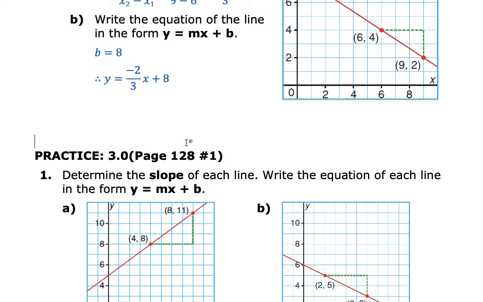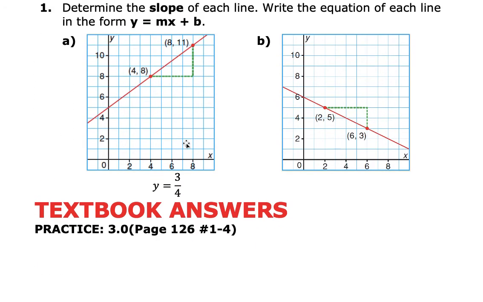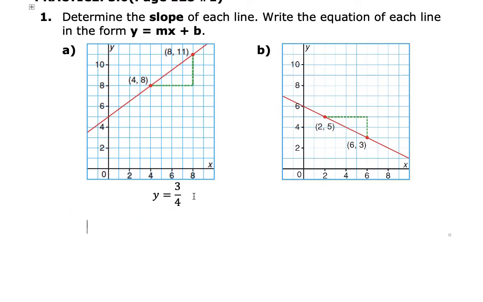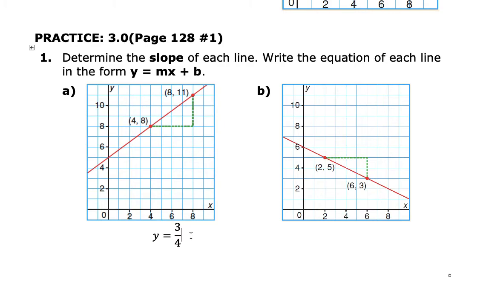Okay, so it looks like y is equal to 3/4 x plus b. Remember that b is the y-intercept. Here we can see that it's crossing at the point y is equal to 5.